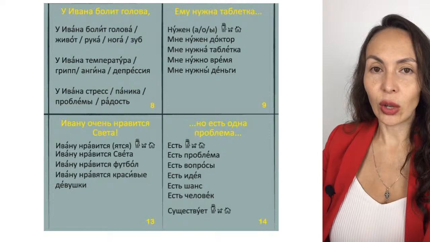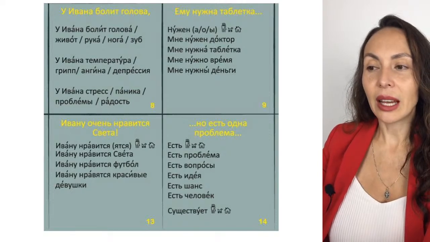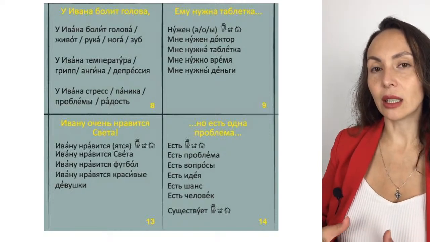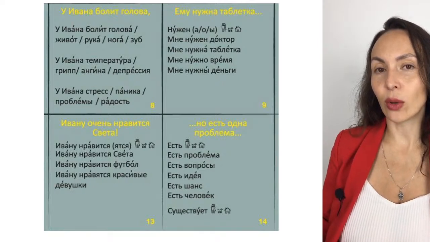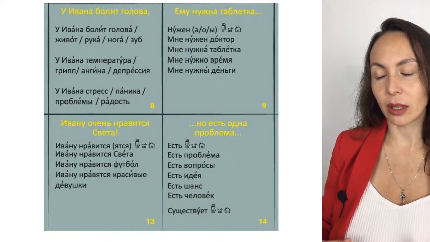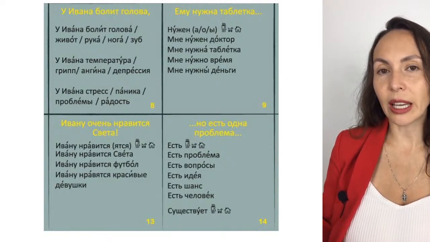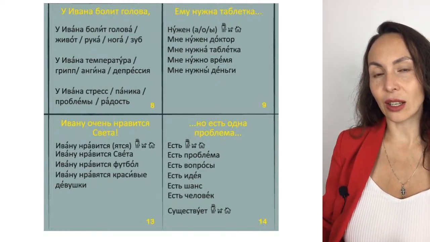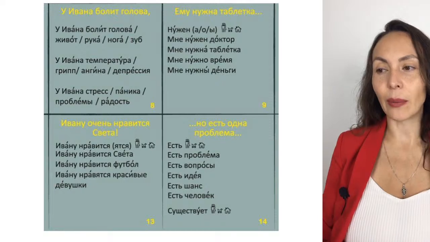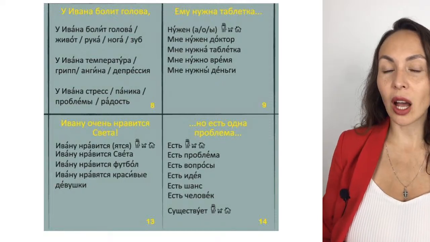You know that. But then, practicing at home, practicing alone, you can come up with more examples. Okay? You can accumulate different examples that will fit this typical situation. Ему нужна таблетка. Ему нужна подруга.